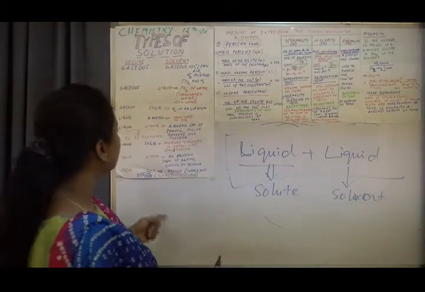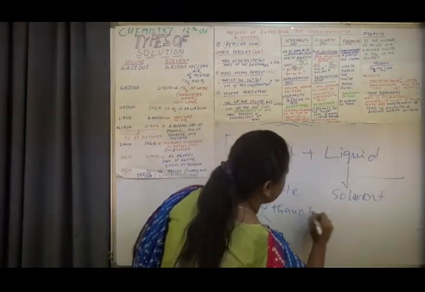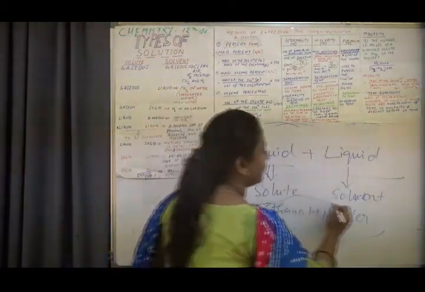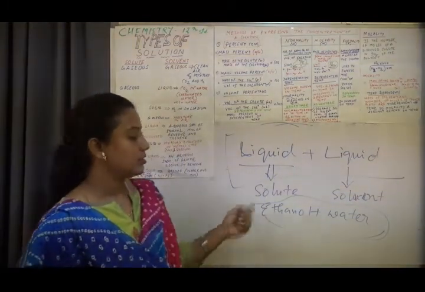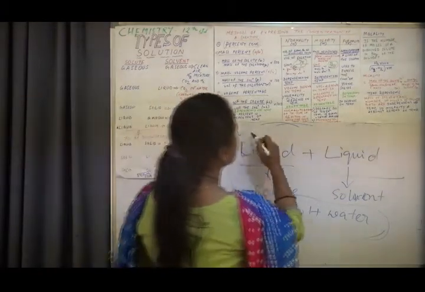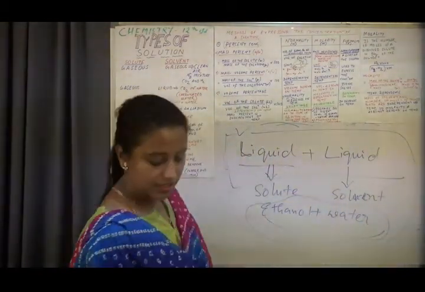One example of this is an aqueous solution of ethanol and water. Ethanol plus water. This is an aqueous solution in which the solute is liquid and also the solvent is liquid. So this example is very important for this chapter.